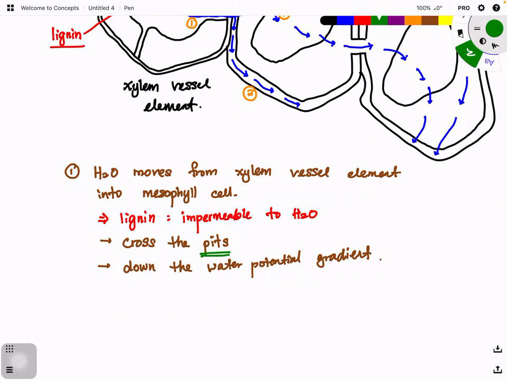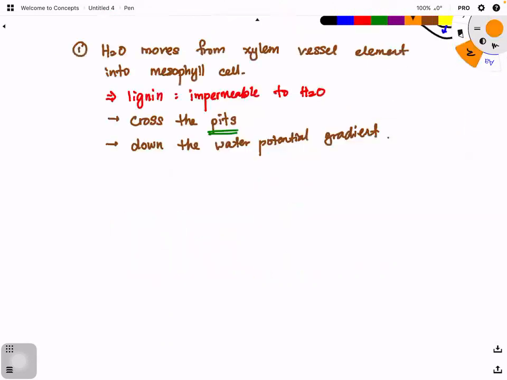So what's number 2? The most important part is number 2. Number 2 is termed the apoplast pathway, or some books use the word apoplastic pathway. So what does apoplast pathway mean?